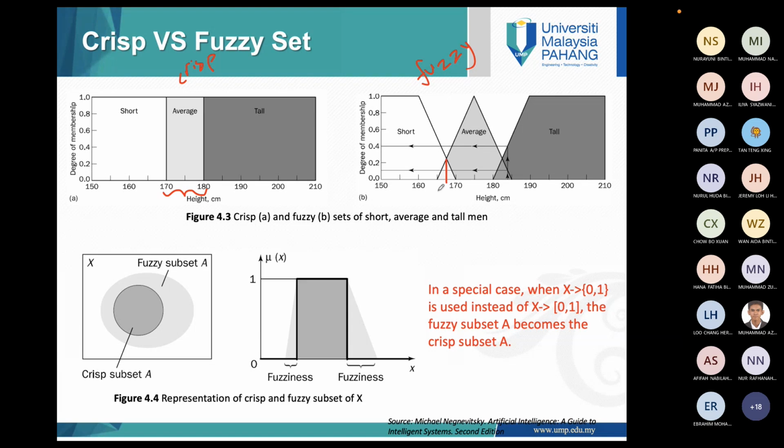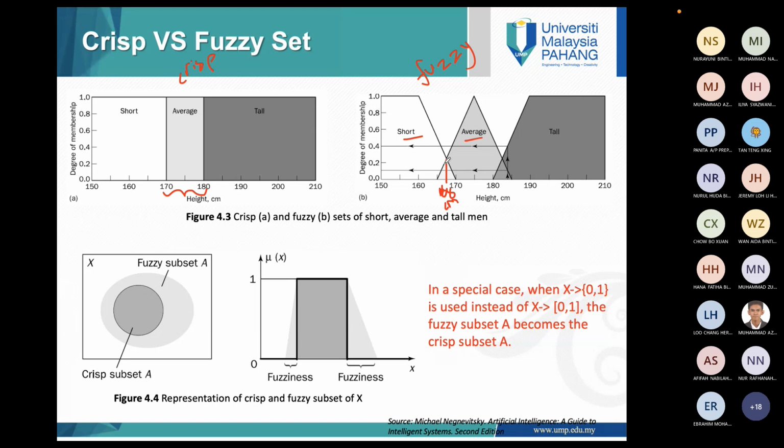Let's say we have this value here. Between 160 and 170, probably here is 168. Let's say 168 cm. It falls between two categories, short and average. It falls in the middle.